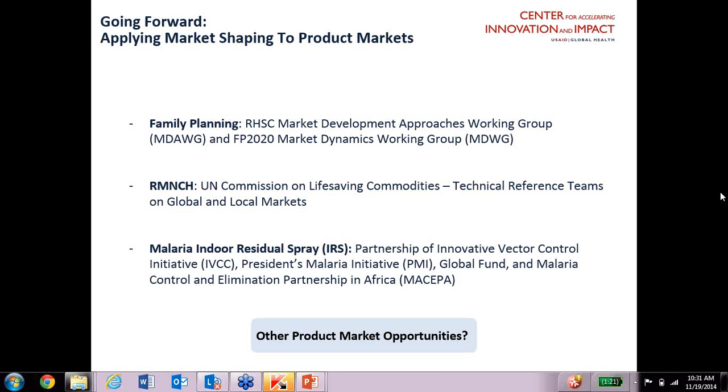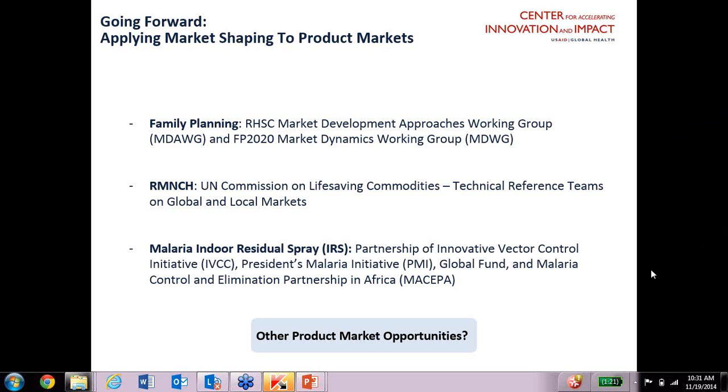So whether it's looking at affordability of those products, availability, assured quality, appropriate design, or awareness, we're able to start to understand what is happening in the global marketplace, and then hopefully fill it in with actual data for a specific product market. And once we have that actual data, then we can do the analysis to diagnose those root causes and then see what type of intervention might be appropriate.